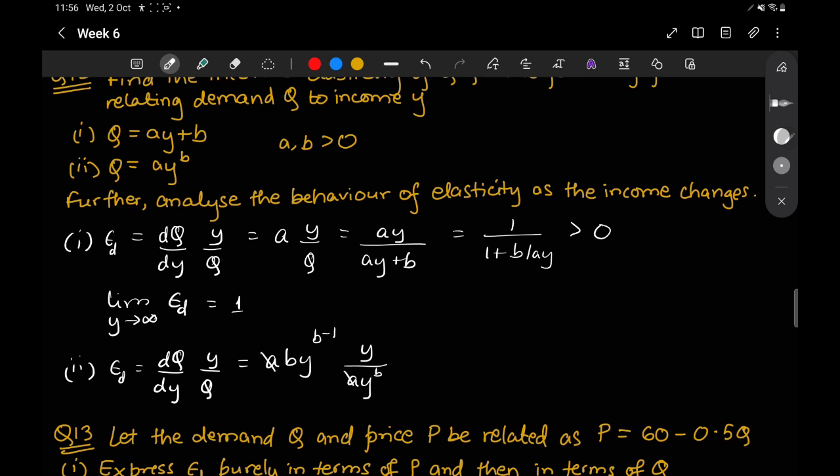So A cancels out, and Y to the power B minus 1 times Y, that's Y to the power B, so this also cancels out. This gives us B, and this is a constant and does not vary with the income. So income can keep changing, but elasticity of demand in this case remains constant.